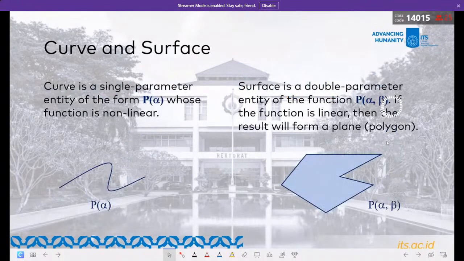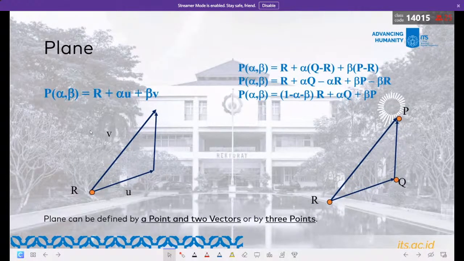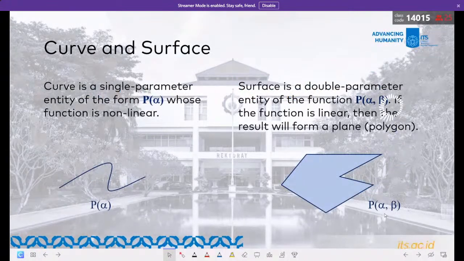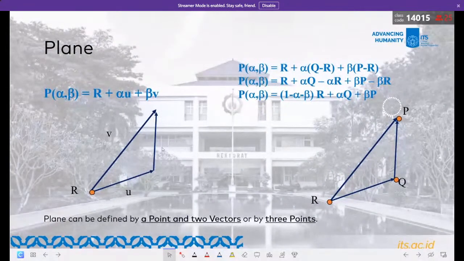I'm sorry, it can also be in 2 dimensions. So it's not only in the 3-dimension plane, it can also exist in 2 dimensions, of course. But if you want to specify a plane, you need to have a beta as a second parameter. Only alpha will not suffice, so you need the second parameter.